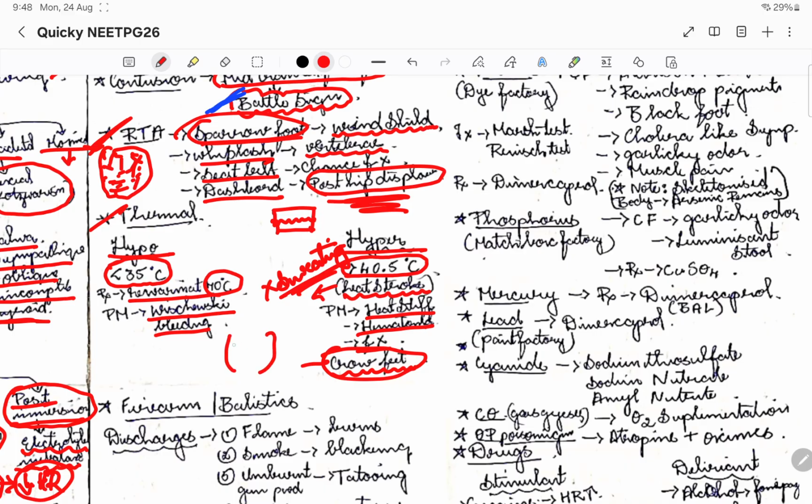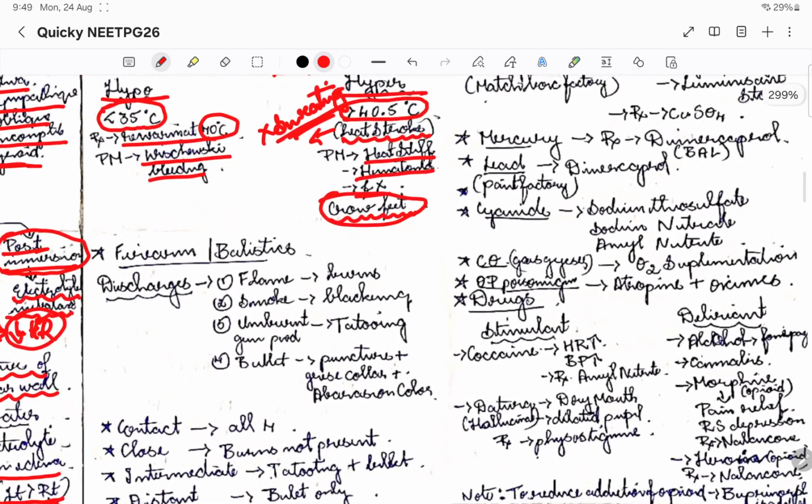If it is a face, say a hyperthermia injury, all the smoke will be there, so there will be blackening of the face. So this is a blackening or charred face. There might be some whitish thing that looks like a crow. Just see an image of it and you'll get to know. Please differentiate between crow face, crow feet and sparrow feet. Please do not confuse between these.